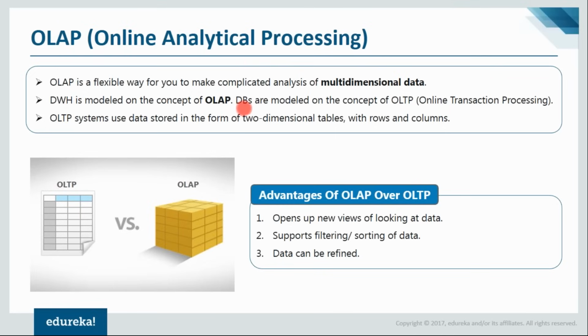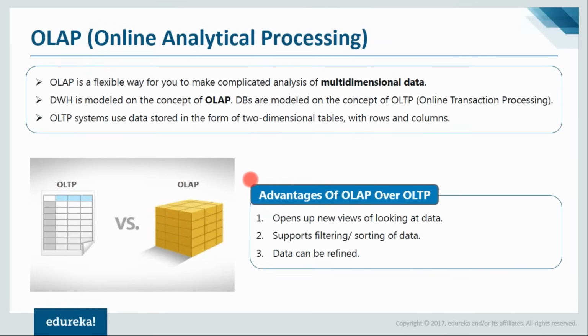Databases, however, are modeled on the concept of OLTP, online transaction processing, while your data warehouse is modeled on the concept of OLAP. That's the key difference between the two, the basis on which they are modeled. Your OLTP systems use data stored in the form of two-dimensional tables with rows and columns, and your OLAP will have multiple views.